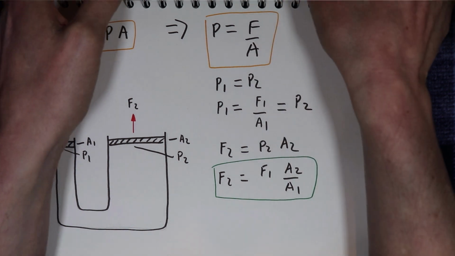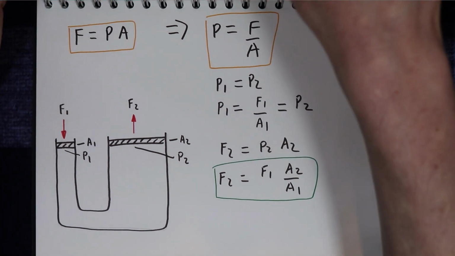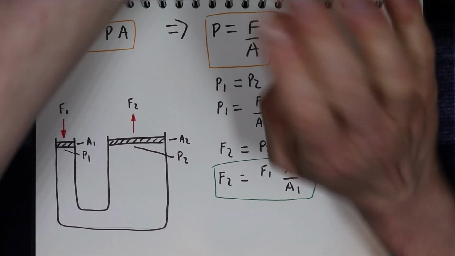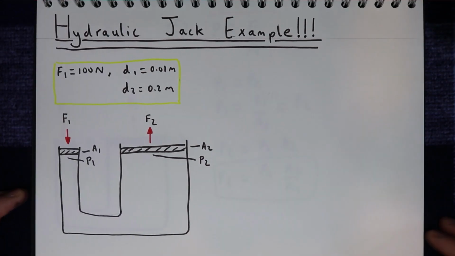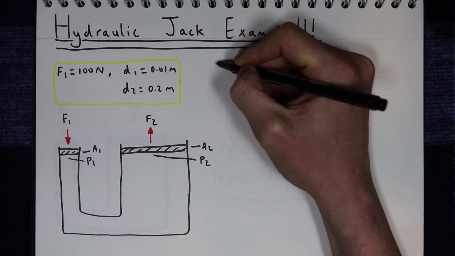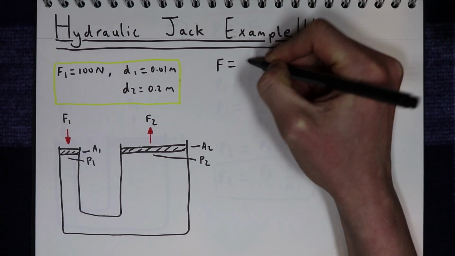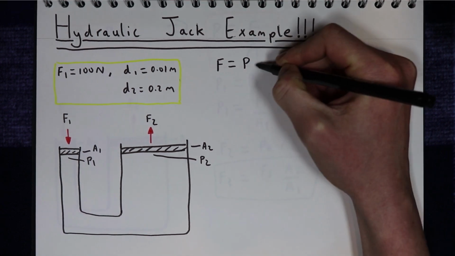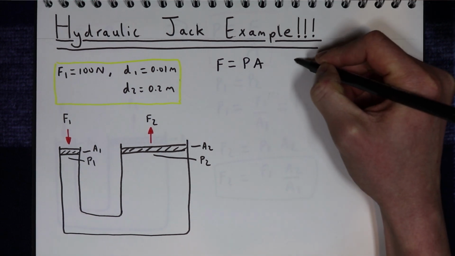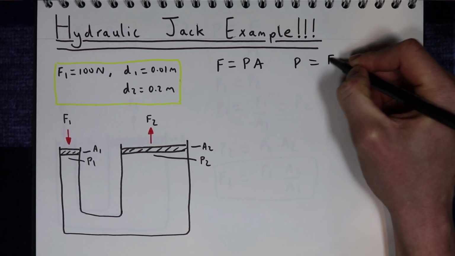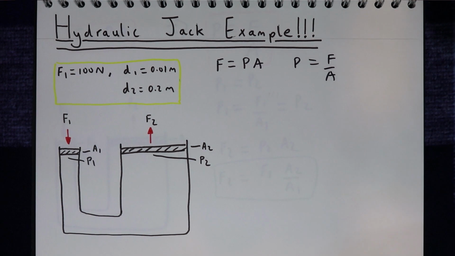So now we've got some of those principles in mind, we can go back to the example at the start and start to try and solve this. Again, what we need to remember to solve this problem is that force equals pressure times area, and therefore pressure equals force over area.